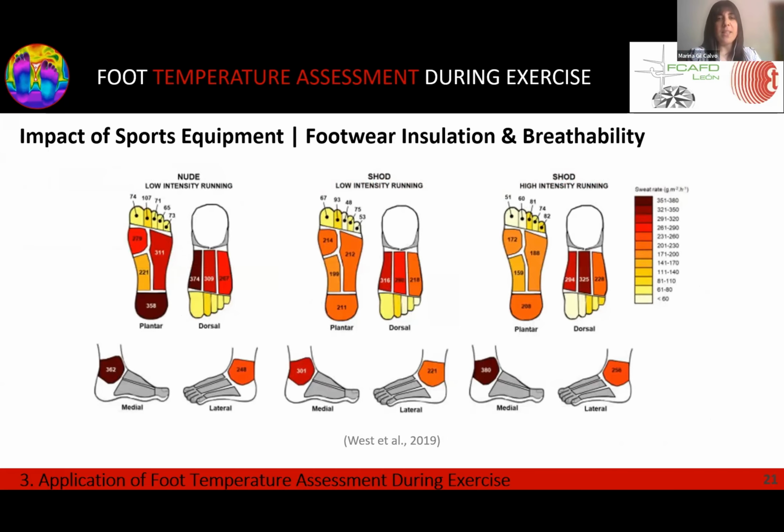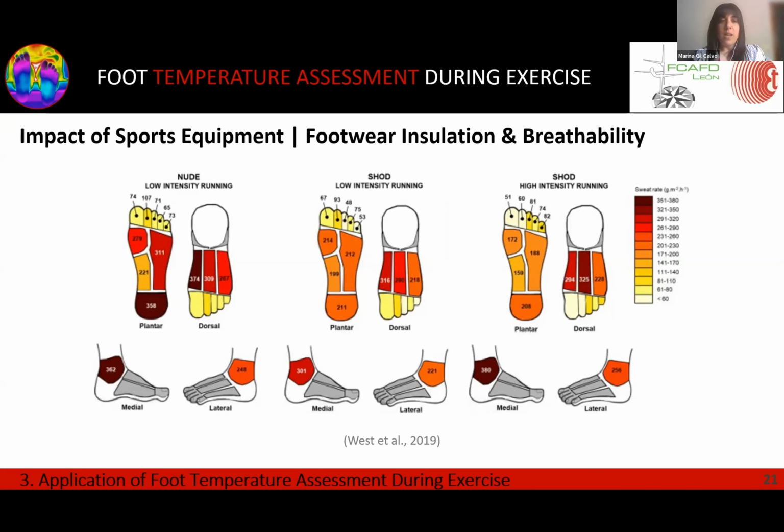To try to understand this microclimate inside the shoe, some other authors performed analysis related to breathability and insulation in relation with sweating and foot temperature. Some findings suggest that skin temperature does not play a major role in the perception of foot moisture by runners.